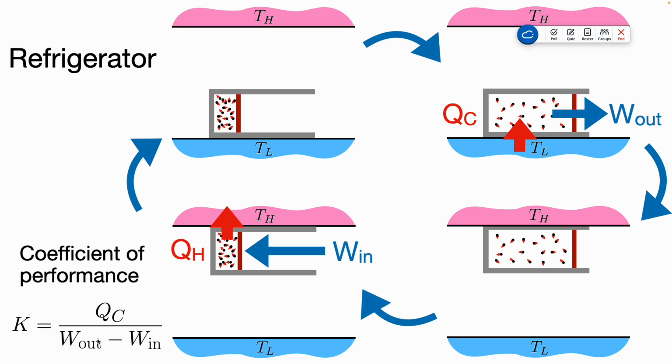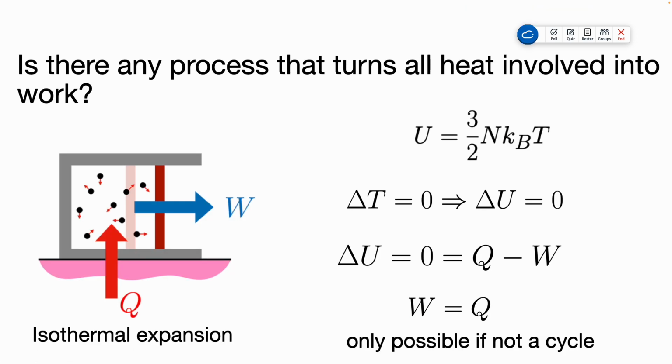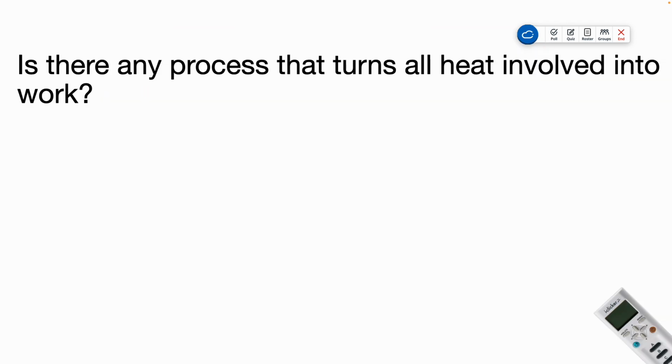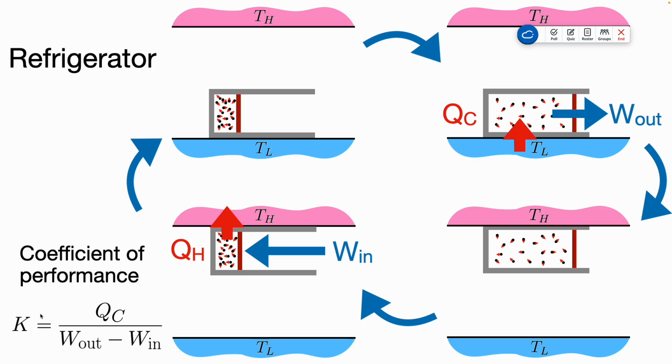So the bottom line is like the electricity you pay, and the top one is the heat that you pump out at the end. If you can pump out more heat, then you have a better performing refrigerator. If you compare the definition, this is different than efficiency. As you can see here, for efficiency it is work out over Q, and here the work is at the bottom, and only the QC is on the top.